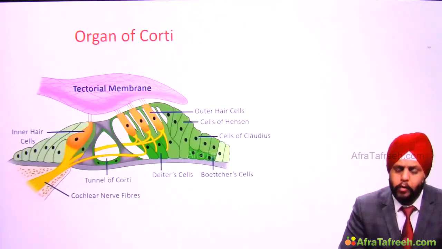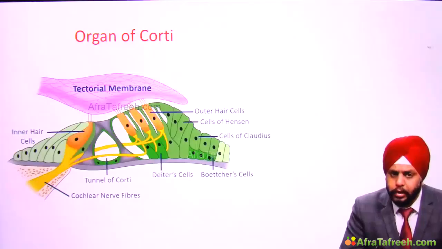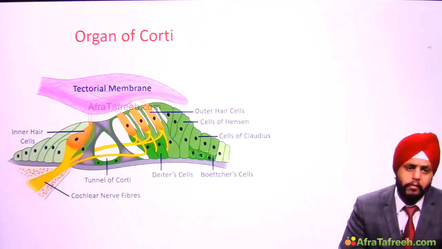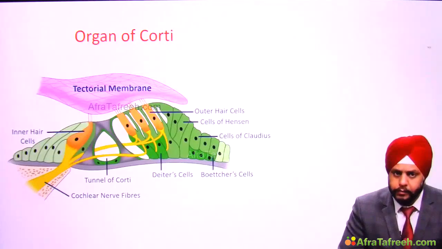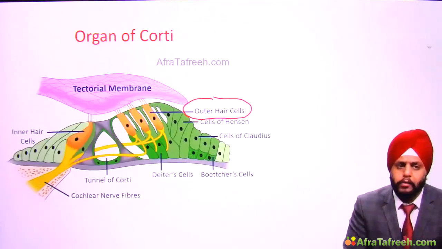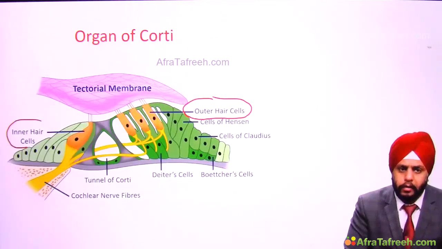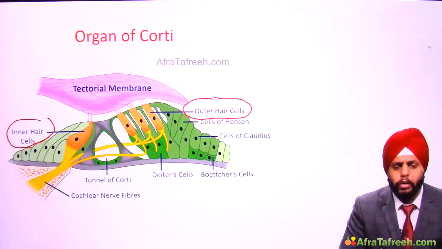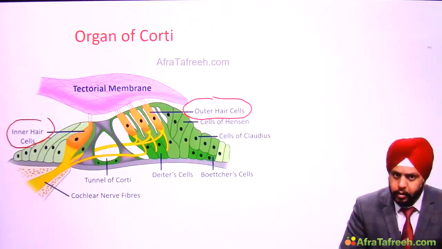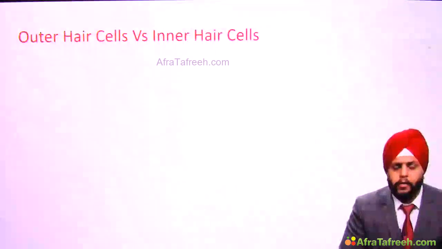This organ of Corti converts the sound stimulus into an electrical impulse and gives it to the cochlear nerve, which takes it to the brain. The most important thing for us to study in this organ of Corti is the outer hair cells and the inner hair cells. We should know the difference between them. So let's study the difference between the outer hair cells and the inner hair cells.